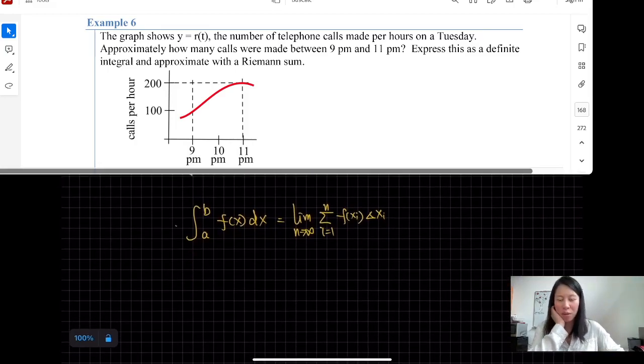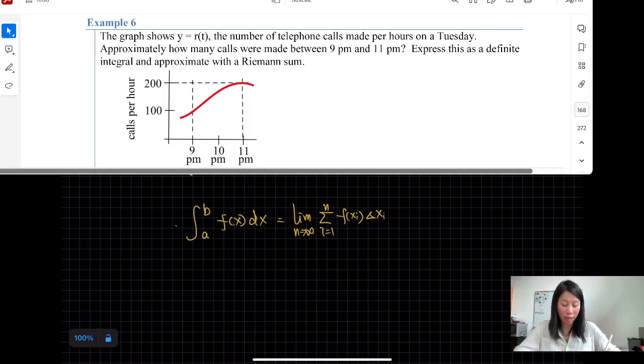The graph shows y equals r of t, the number of telephone calls made per hour on Tuesday. Approximately how many calls were made between 9 and 11? Express this as a definite integral, and approximate it with a Riemann sum.